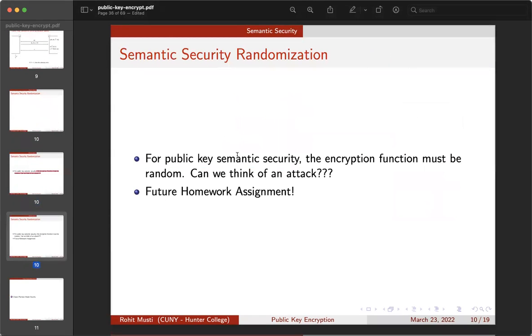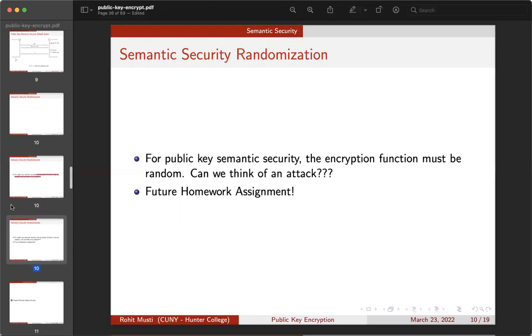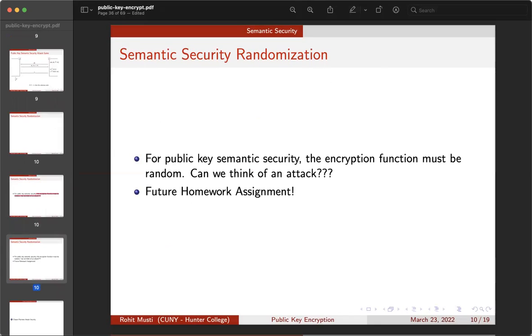And hint, the homework assignment I'm releasing tomorrow, I'm going to be asking questions about how to construct an attack if the encryption function is not random. So are there any questions on semantic security or anything about public key encryption so far?